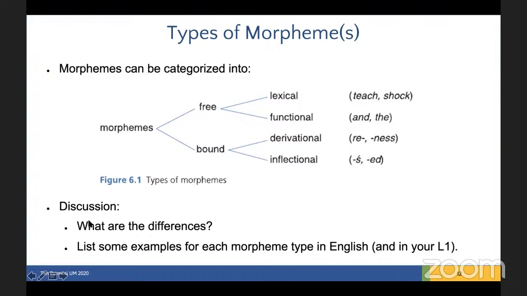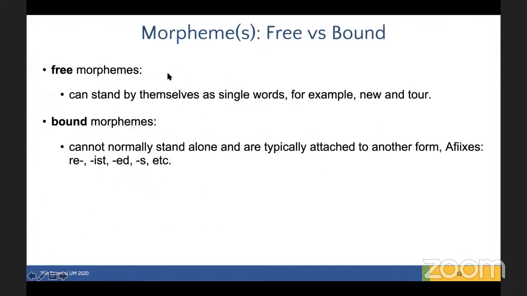Okay, so what are the differences? We are going to see the explanation here. Free morphemes, ya, sesuai dengan namanya, they can stand by themselves as single words. For example, new and tour. Jadi ketika morfem itu bisa berdiri sendiri menjadi satu kata yang ada artinya, gitu ya.